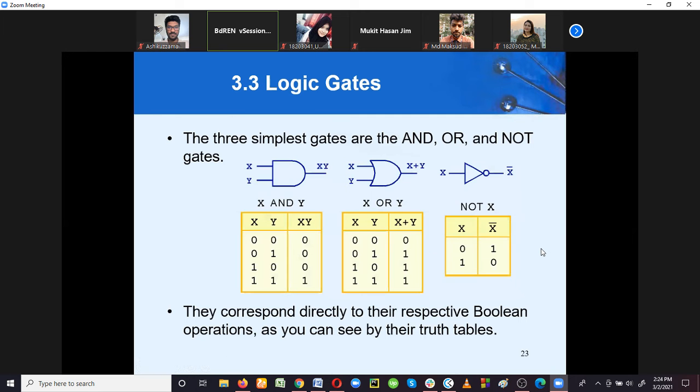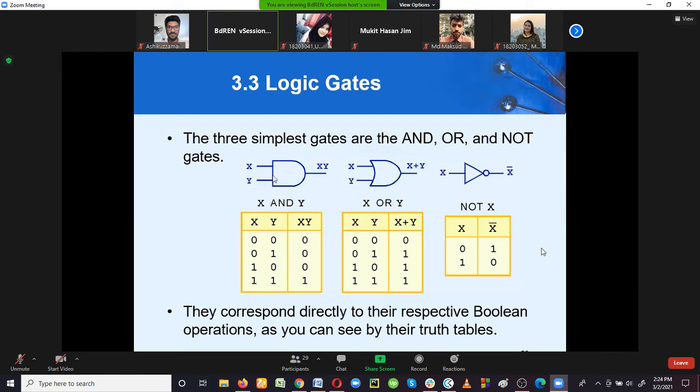The three simplest gates, or we can say the basic gates, are AND, OR, and NOT gates.